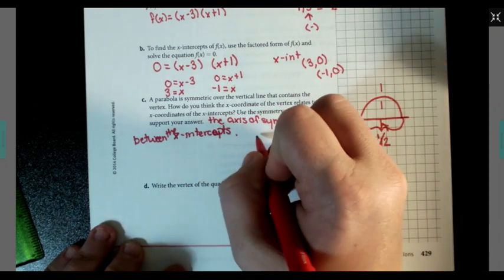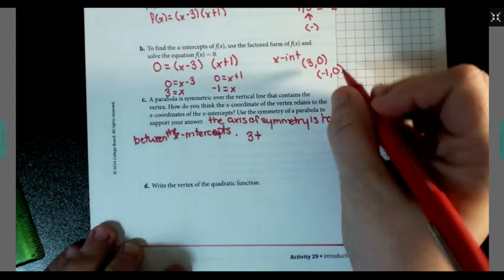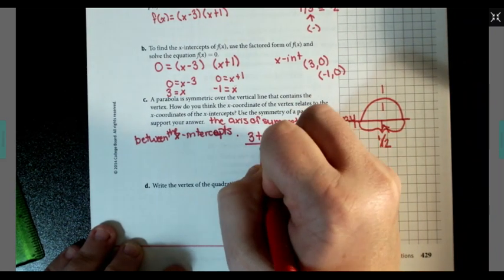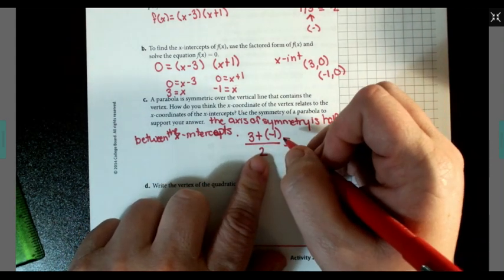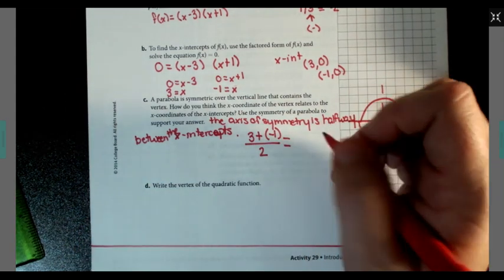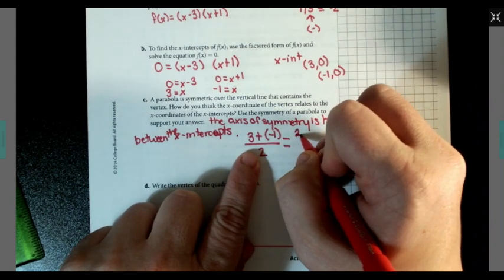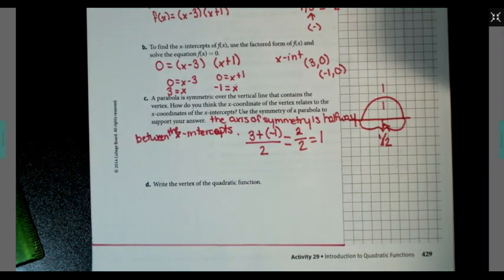So if one of them is located at 3 and the other is located at negative 1, if I add those and divide by 2, that will tell me the x-coordinate of the axis of symmetry. So that's going to be positive 2 over 2, which is positive 1.